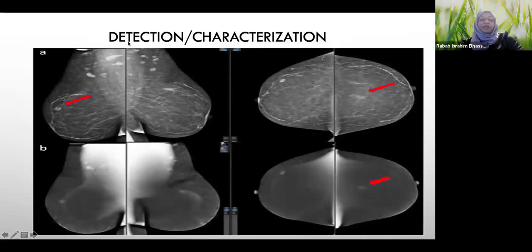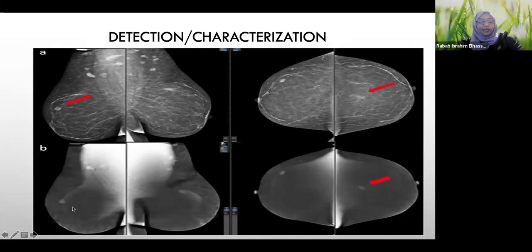As I said, the other thing is the characterization, the specificity of the lesions. This is a high risk lady. She underwent a screening. On her right side, there was a well-defined mass. On the left side, there's just a linear area of asymmetric density.